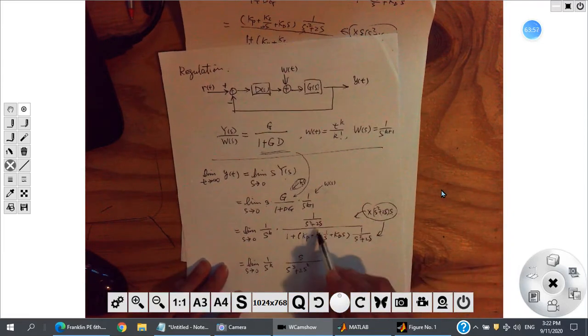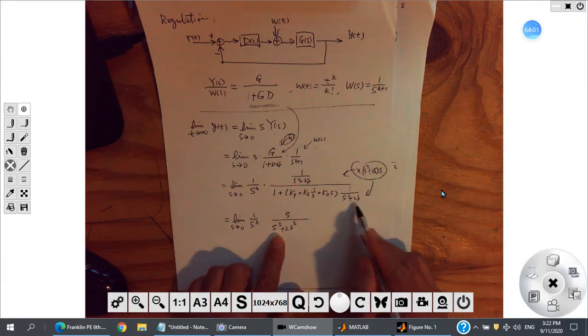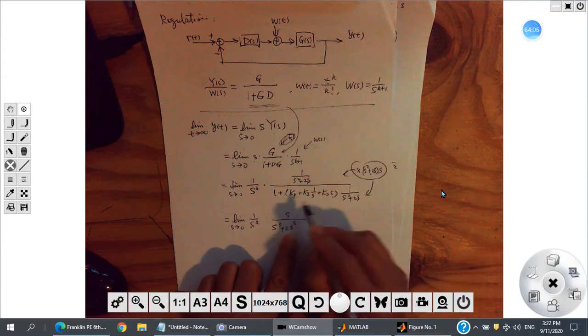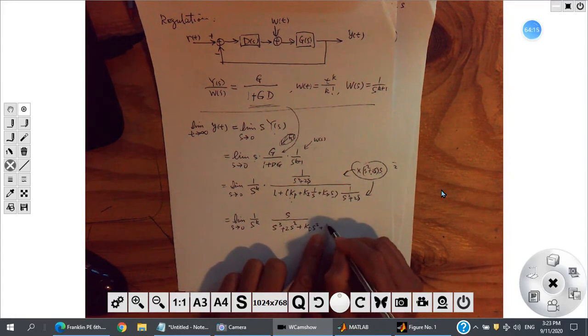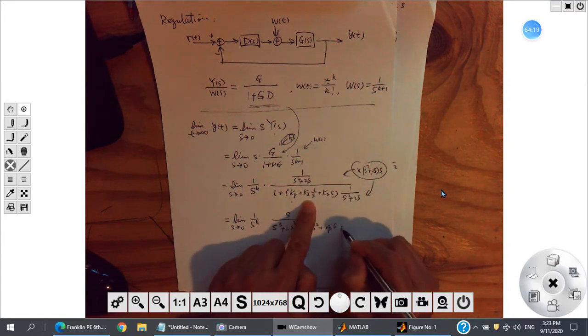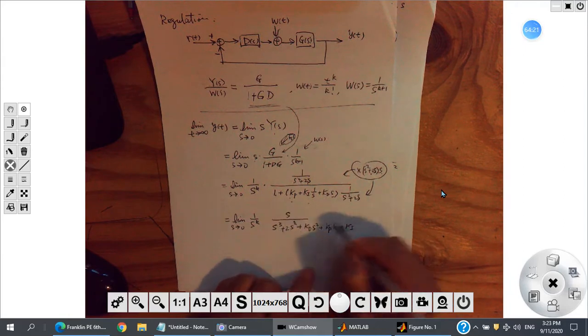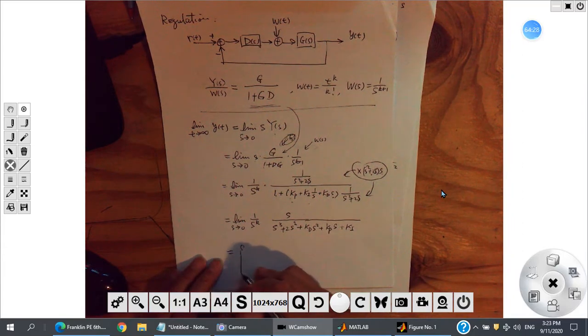I lost the S. Okay, so the denominator will be 1 times this plus this part times S, so this is KD S squared, and then plus KP times S and KI. Alright, I have these. And now we have 3 cases.